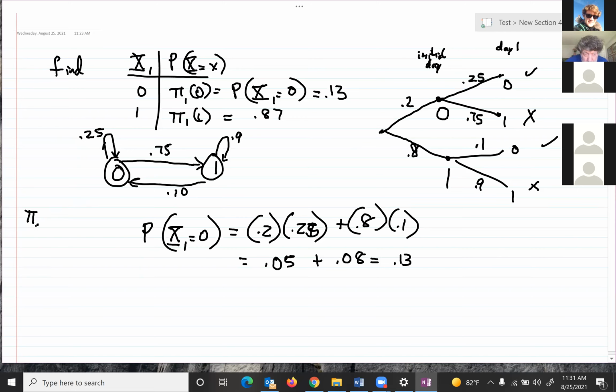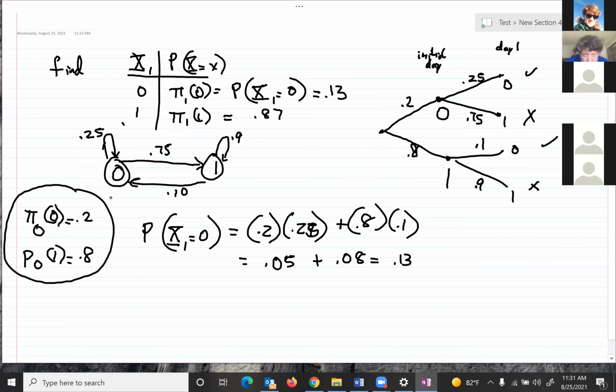So the chance that on day 0 you were broken is only 20%, but the chance on day 0 that you were working was 80%. So we assumed all of this stuff, and we assumed everything in this picture here. It all got translated into this probability tree, and it allowed us to find out the table for X1.